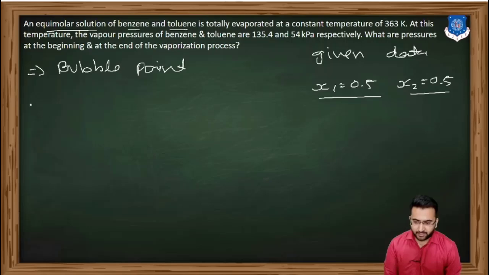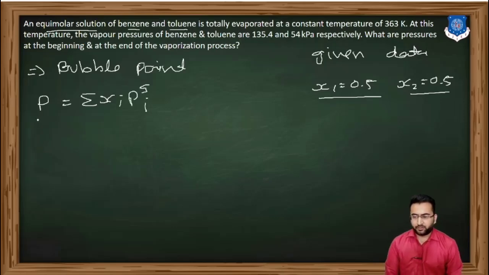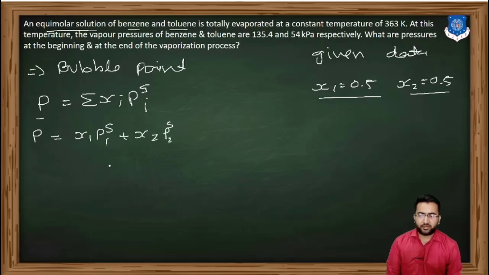The bubble point equation is given by P is equal to summation of xi Pi saturated, where P is the total pressure. For a binary mixture, this equation becomes P is equal to x1 P1 saturated plus x2 P2 saturated.